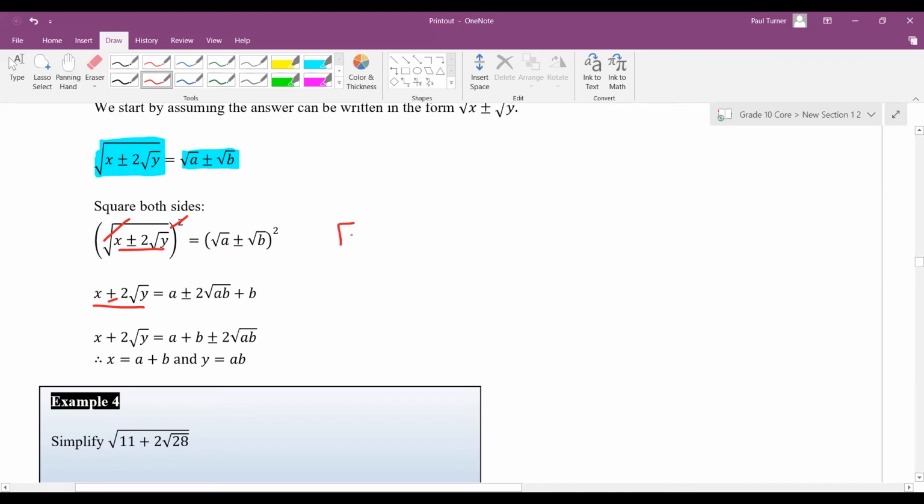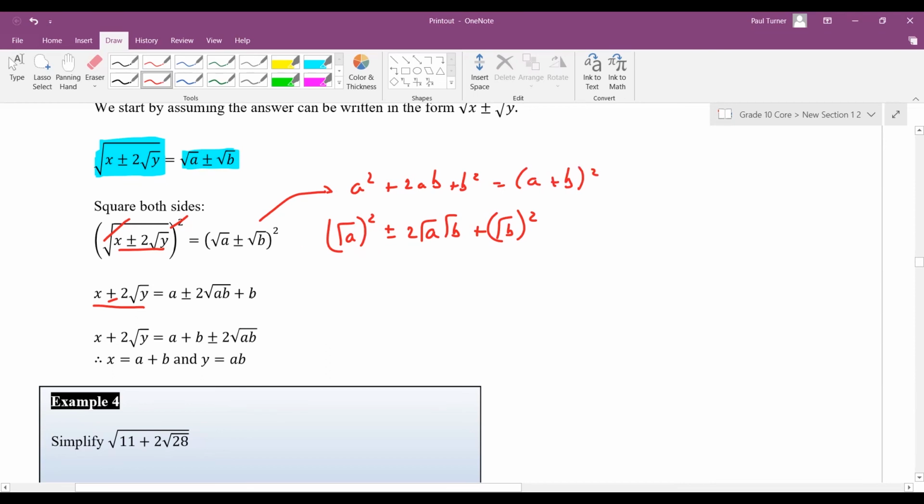So you've got root A squared plus or minus 2 root A root B. That would be plus root B squared. So this is just expanded using your perfect square rule. So A squared plus 2AB plus B squared, like that. We're just using that rule there, which is A plus B all squared.